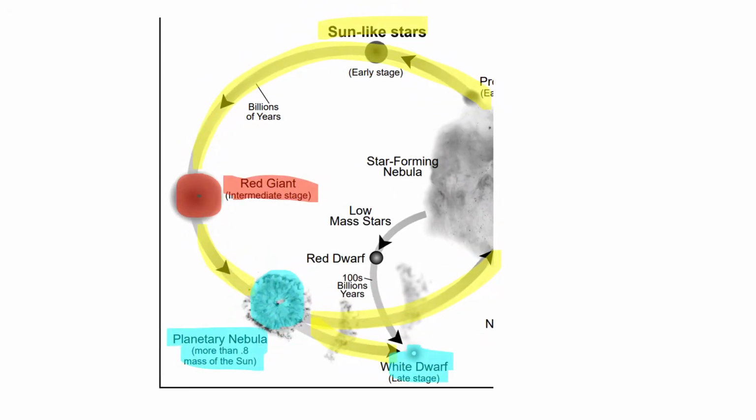Let's first look at the sun-like stars, their path of life. As our sun-like stars form in the early stages, they're going to follow this loop or this kind of life cycle. As they burn through all their hydrogen, turning it into helium, they're going to expand to turn into red giants.